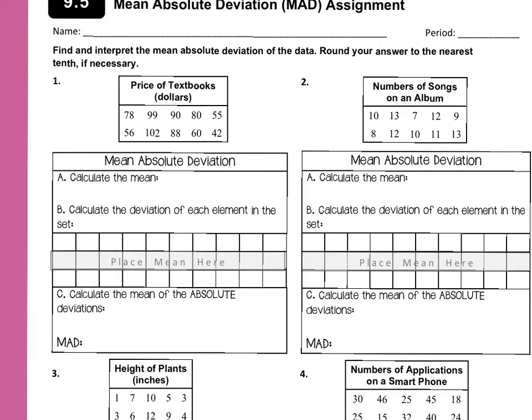So the first thing that we have to do is add these numbers together. And yes, you can use your calculator. So I have my calculator here. You can't see it, but I'm going to find the mean. I'm going to do that by taking 78 plus 99 plus 90 plus 80 plus 55 plus 56 plus 102 plus 88 plus 60 plus 42.